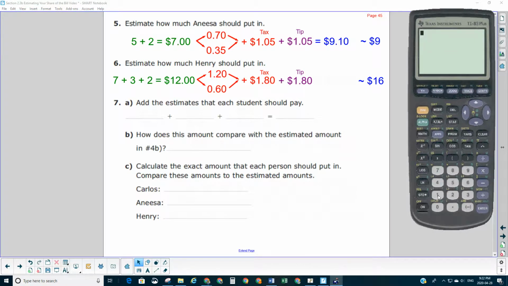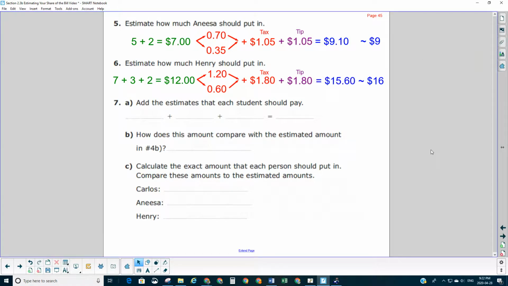So we've got $12 plus $1.80 plus $1.80, and it's $15.60, which was a really good estimate for about $16. Okay, so this is all stuff that you can do in your head, and now we're going to see how each of these add up.